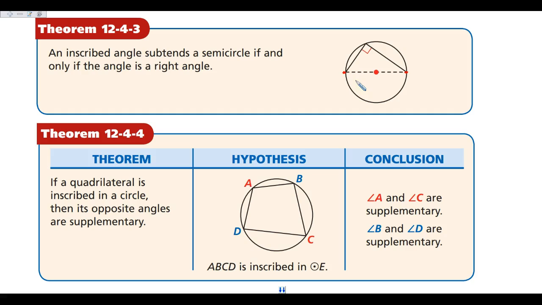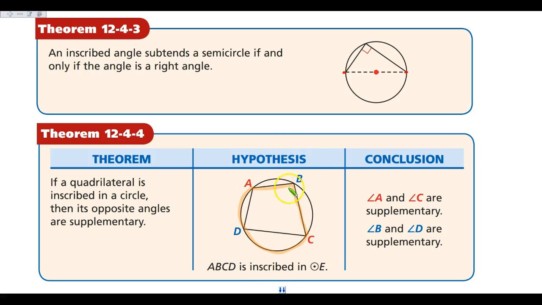All right, now, let's take a look here. If I look at my angle right here, this angle hits this arc, right? So this arc here is going to go with this angle right here.